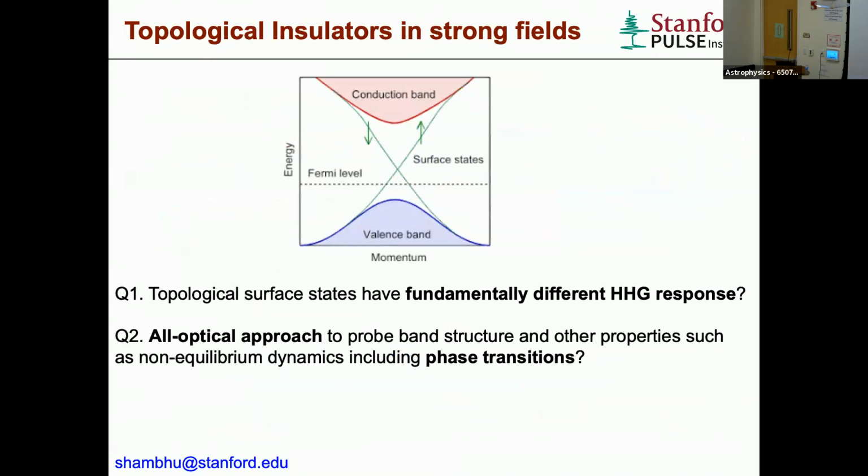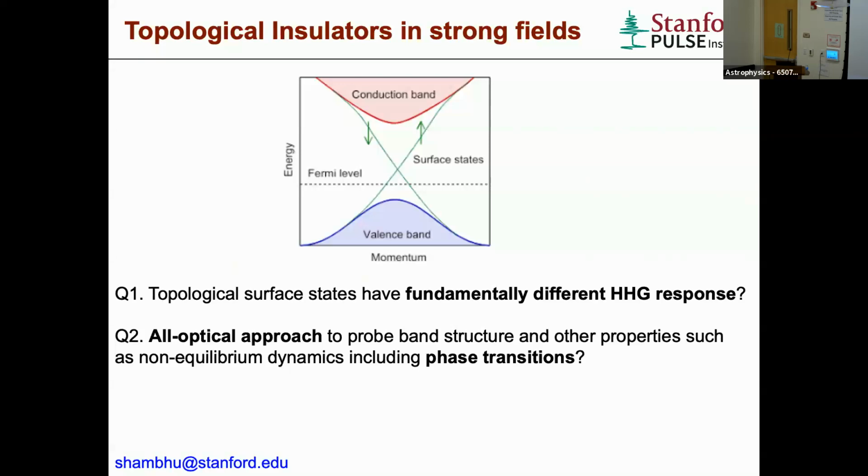With that understanding, we recently went a step further on this, and I started looking at the topological materials. As you might know, one of the signatures of topological materials, these topological insulators, is the conduction.